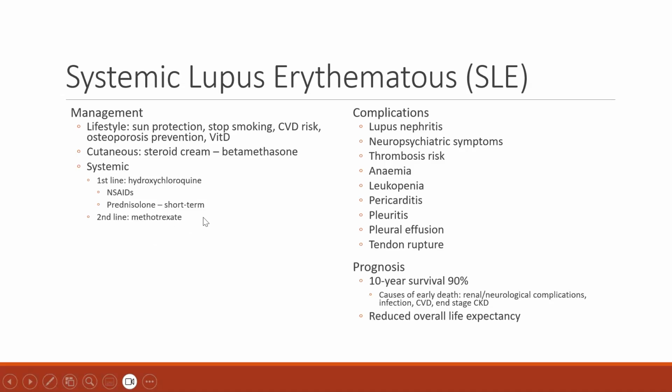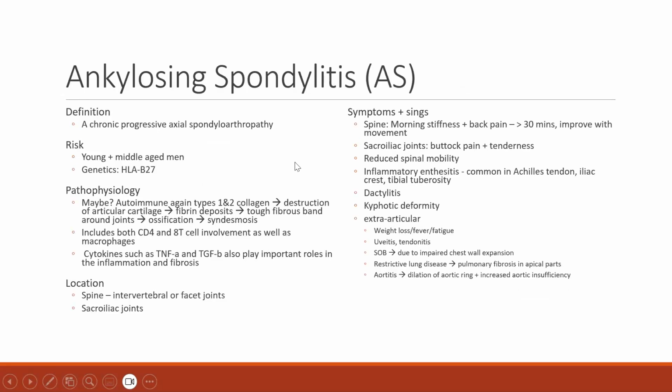Second line is methotrexate. I already talked about some of the complications. The prognosis is not too bad when well managed, with a 90% 10-year survival rate, sorry. But they do have reduced overall life expectancy.